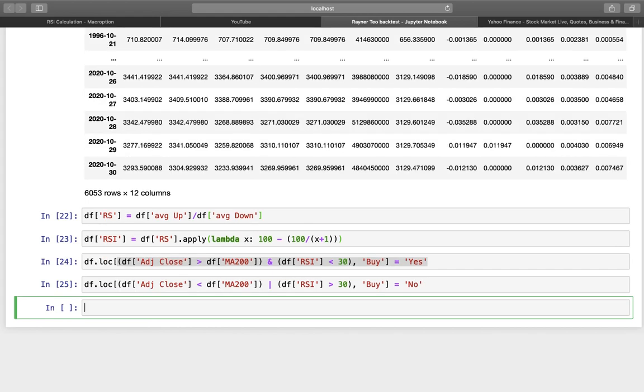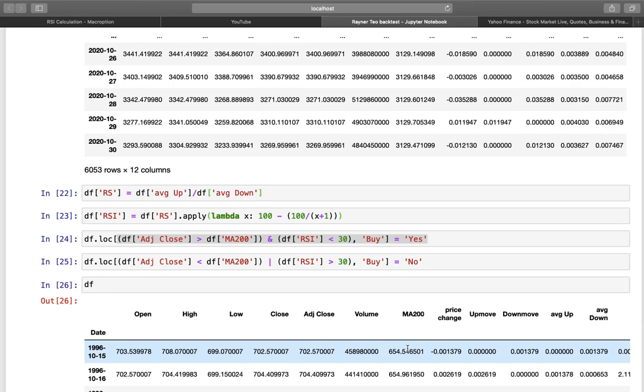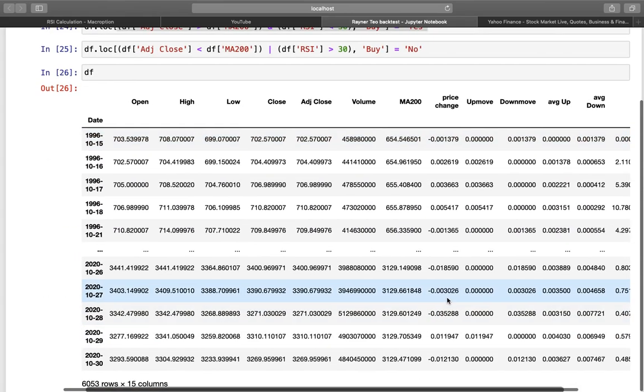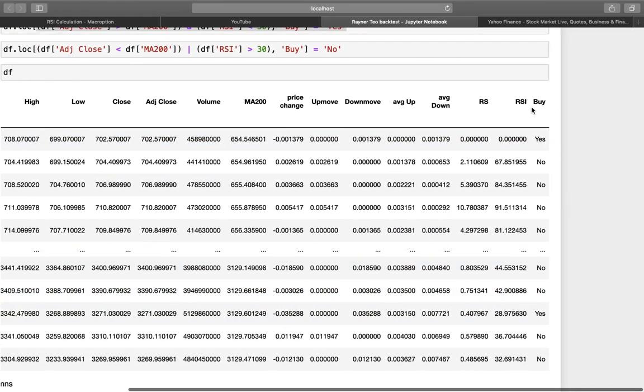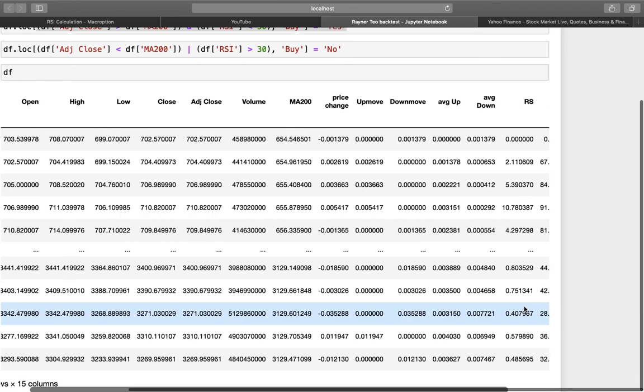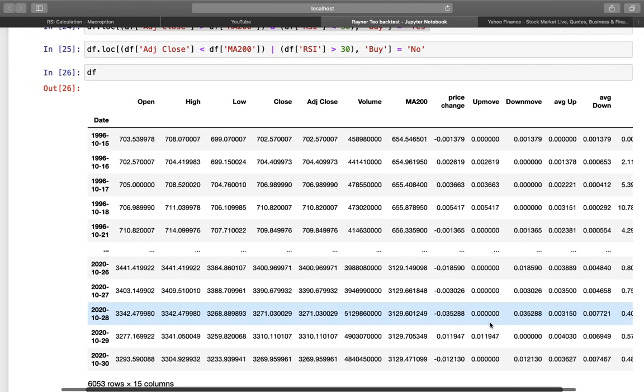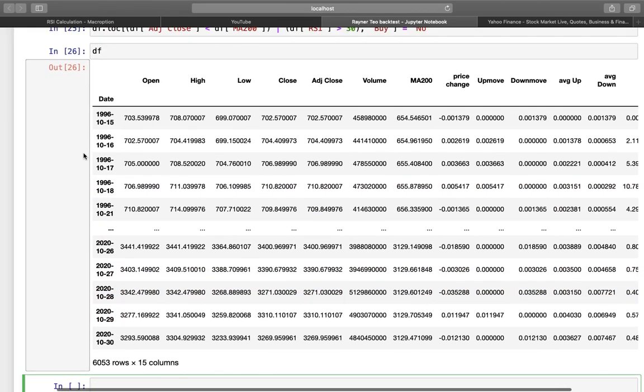Okay, so let's execute that and print out the data frame so that you are seeing what we have done here. So now we got a column containing if we should buy the S&P on that date or not. Okay. Perfect. We have our buying points now.